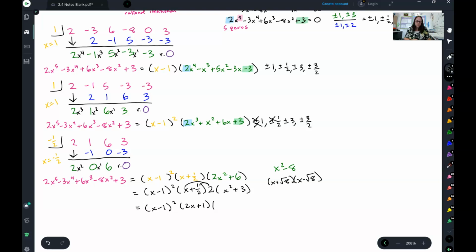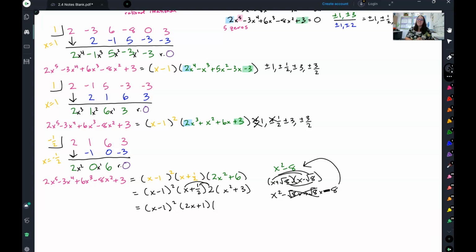The reason this works is if I FOIL these back together, I get x times x is x squared, x times negative root 8, and then x times positive root 8, and then root 8 times negative root 8 is a minus 8. So the reason that it works is this plus and this minus, the middle term goes away, and we end up with what we started with. That only works if it's a subtraction. That's what gives us the plus and the minus, a difference of squares.